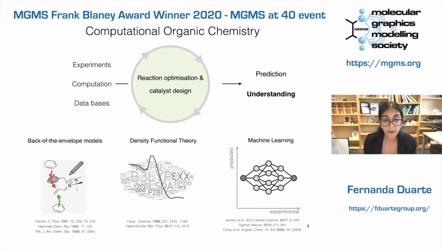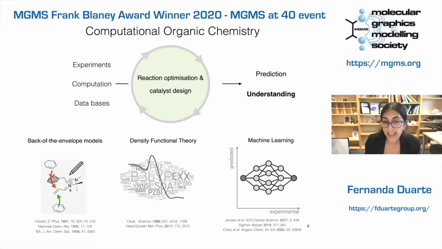So we think of the initial type of models that we had in the 40s and 30s, where we have the starting of physical organic chemistry, where much of the knowledge that we use today comes from. So understanding came from these back of envelope models, trying to predict selectivity in different chemical reactions.